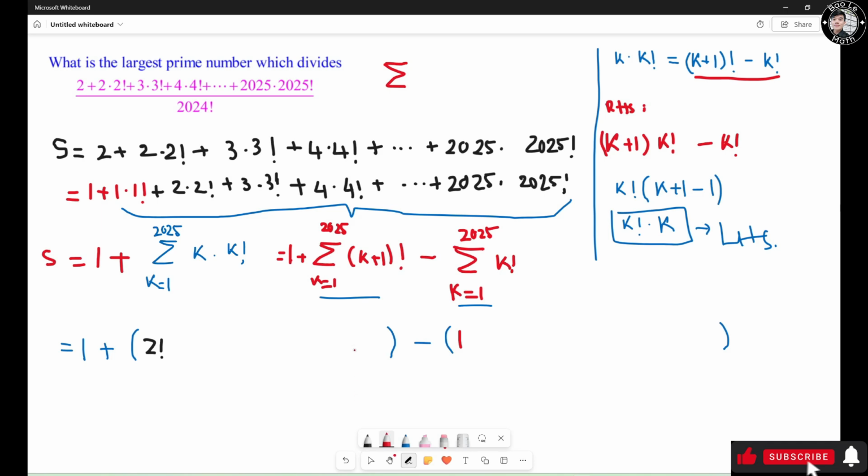Next, k equals 2 turns out to be 3 factorial, so plus 3 factorial, and for the second sum, k equals 2 gives 2 factorial.